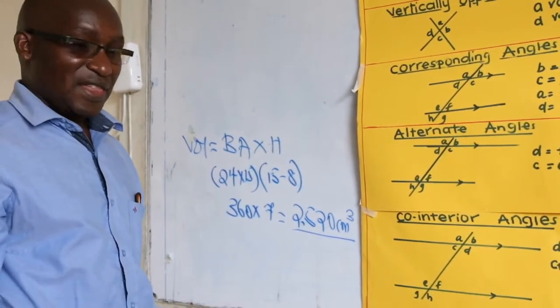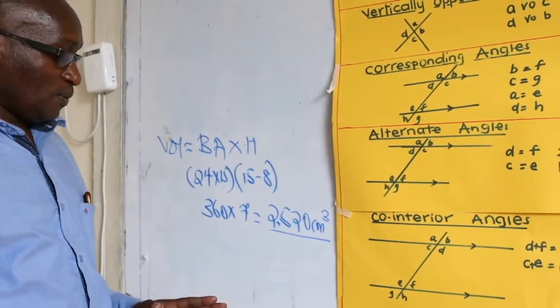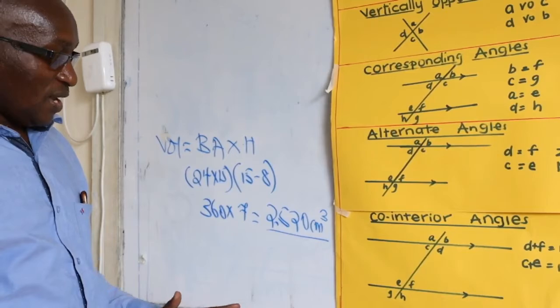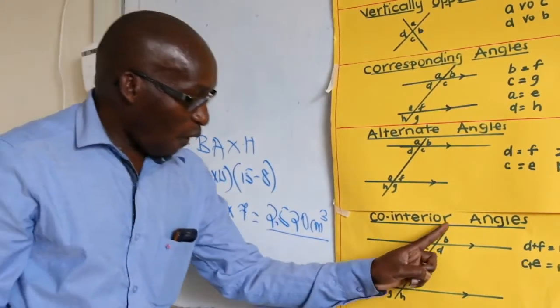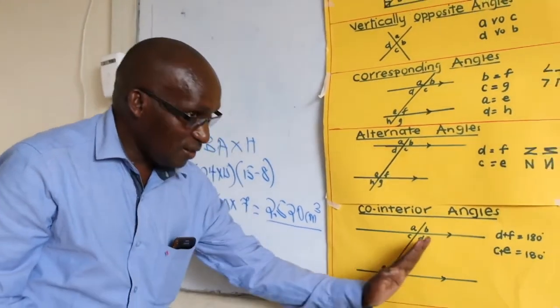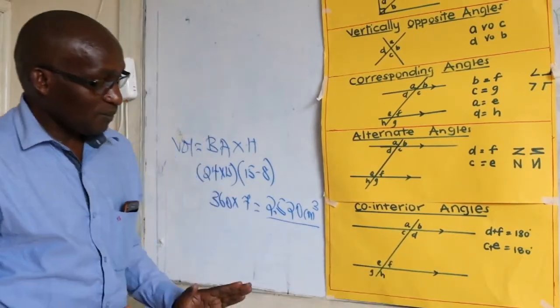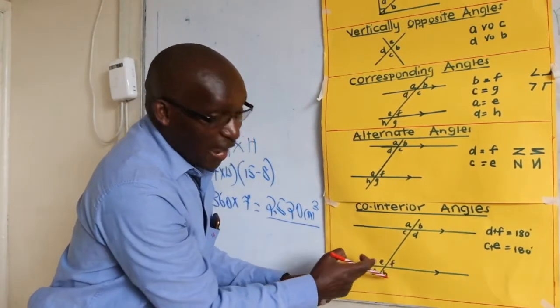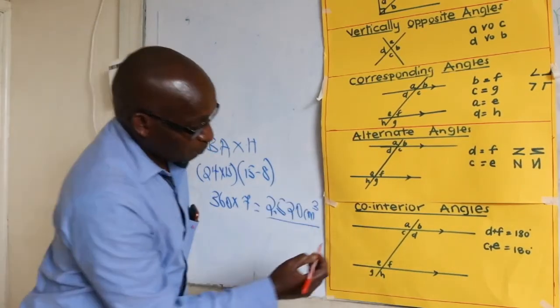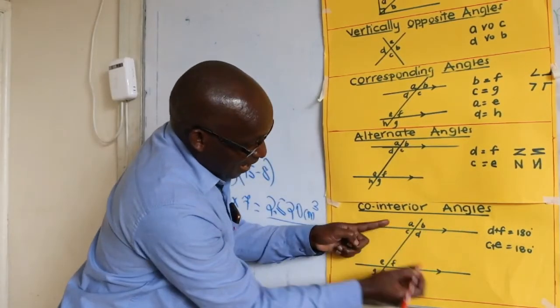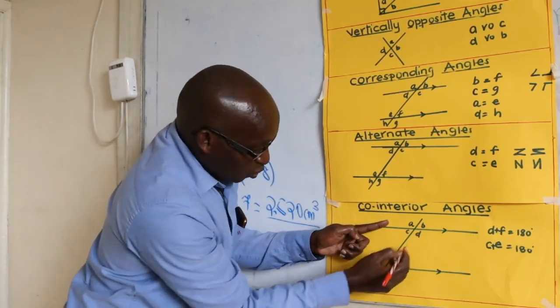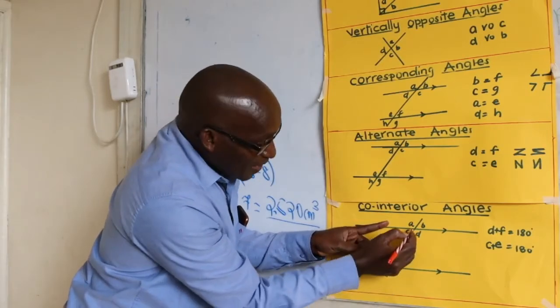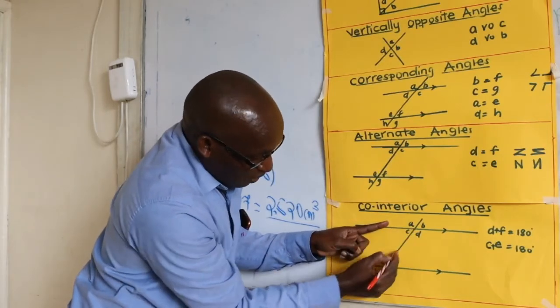Let me say that again about co-interior angles. Co-interior angles are angles on either side of a straight line, but in between two lines. For instance, there is this line here and this line here. These two angles are on the same side of this transversal.